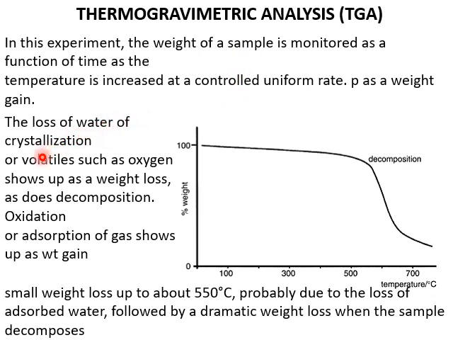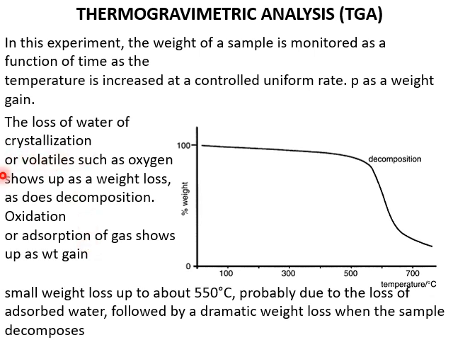The loss of water of crystallization or volatiles such as oxygen shows up as a weight loss, as does decomposition, while oxidation or adsorption of gases shows up as weight gain. So some types of changes will cause weight loss, and some types of changes will cause weight gain.